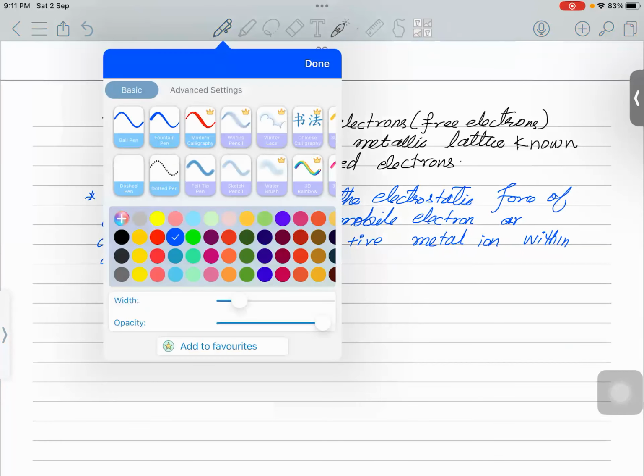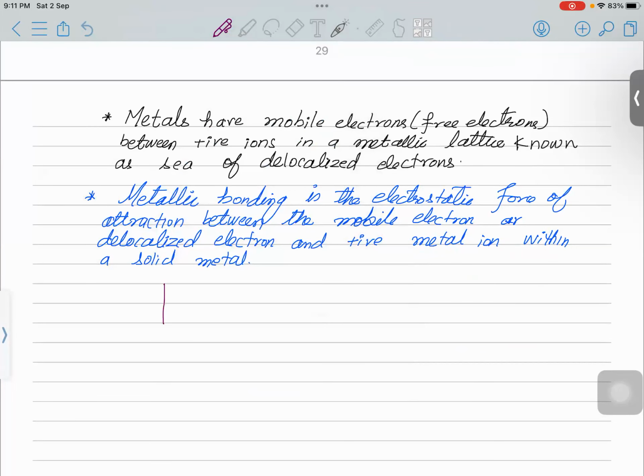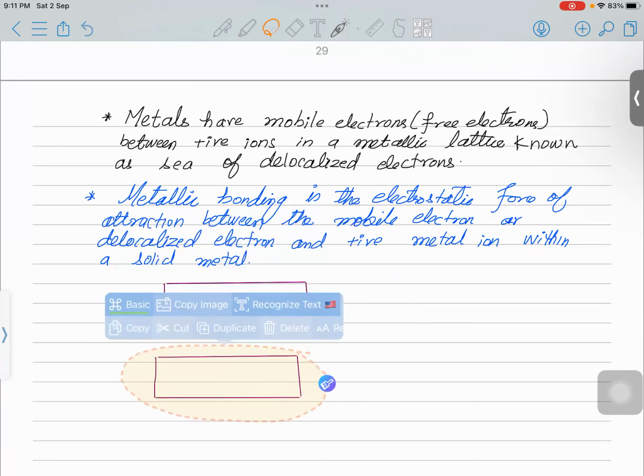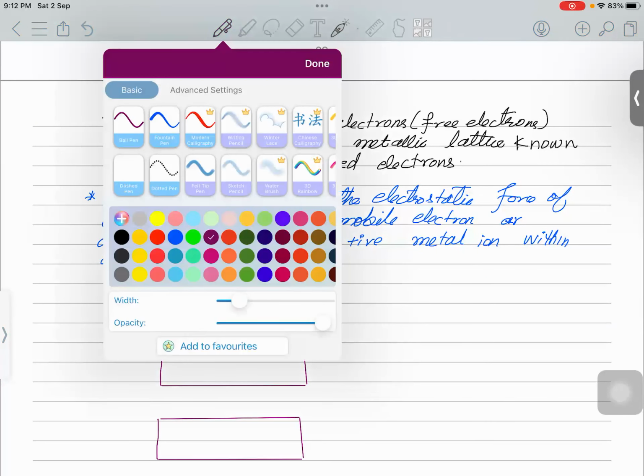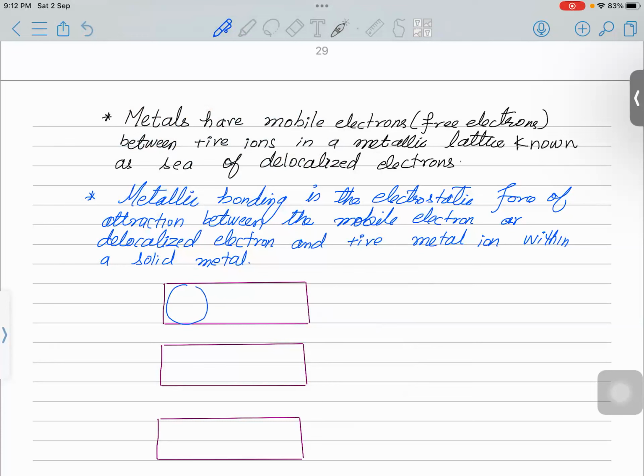Now look at different metals. Let's suppose this is sodium metal, this is calcium, this is aluminum. Sodium has positive charge.